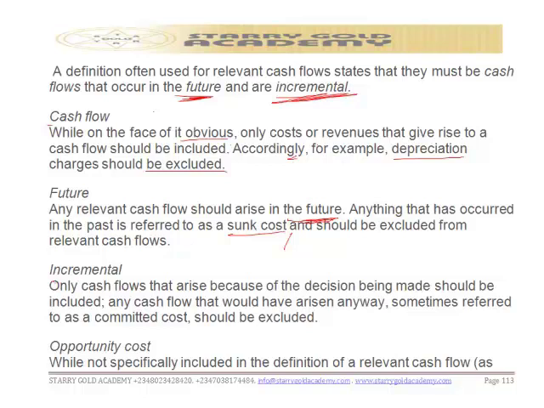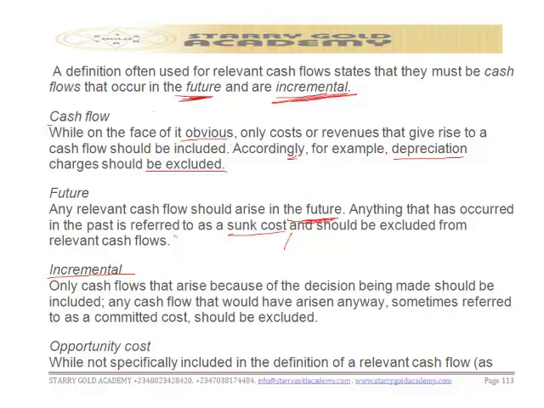Now we have incremental as another condition to determine whether a cash flow is relevant or not. Incremental indicates that only cash flow that arises because of the decision being made should be included. So any cash flow that will have arisen anyway, sometimes referred to as committed cost, should be excluded.